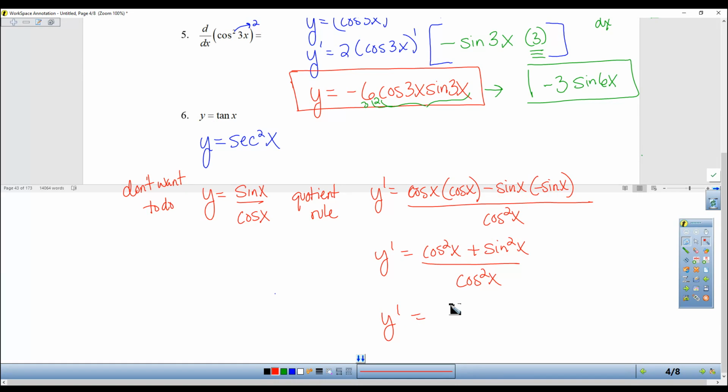Remember from trig that cosine squared plus sine squared is 1, so it's 1 over cosine squared x, which is secant squared x. Much better to just memorize the rule, okay? So memorize that, or if you're in honors, write it down. But that's where that came from.